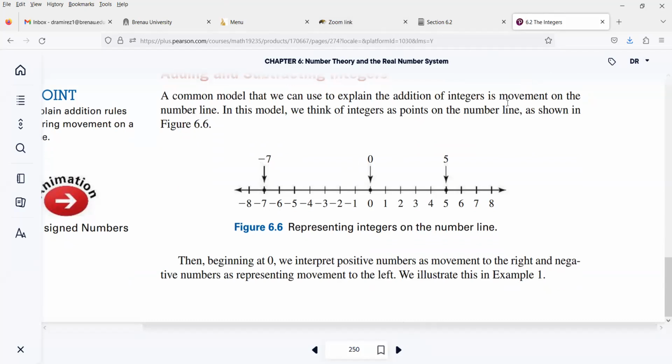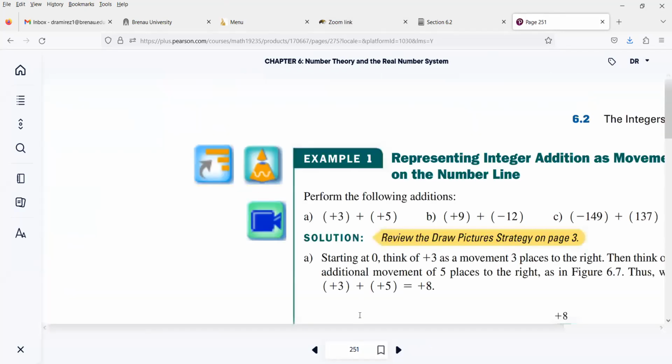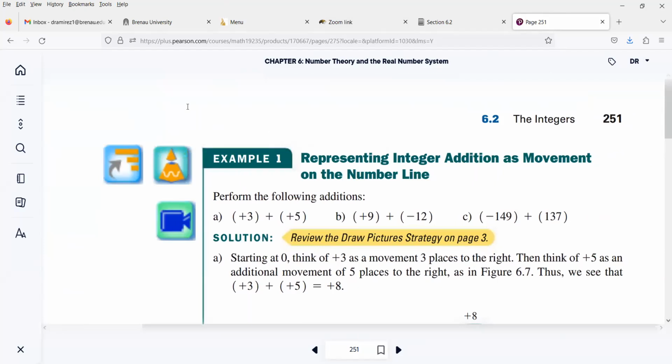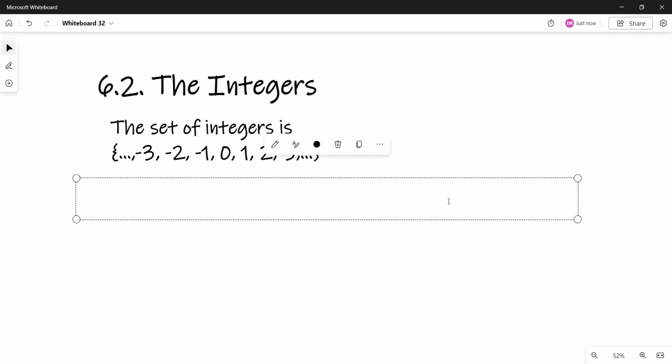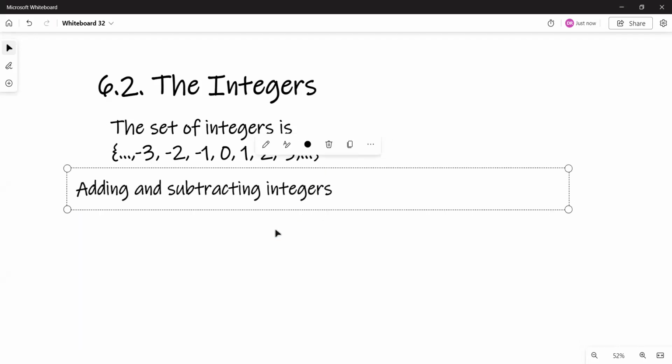Okay, so I'm going to do example 1. So this is an example of adding and subtracting integers, assuming that we have never done that before, even though we have been doing things more complicated than that in this course.